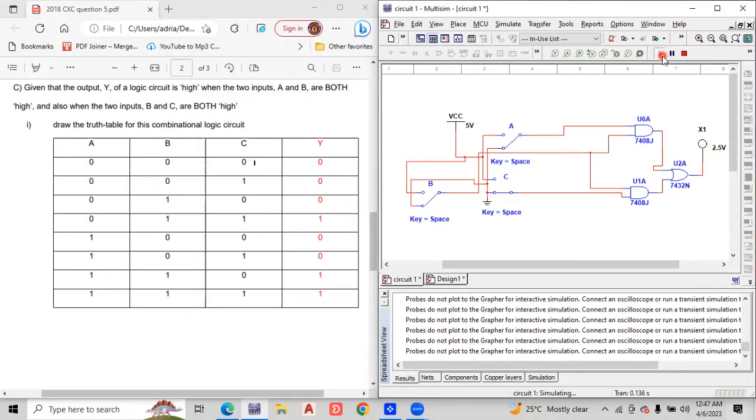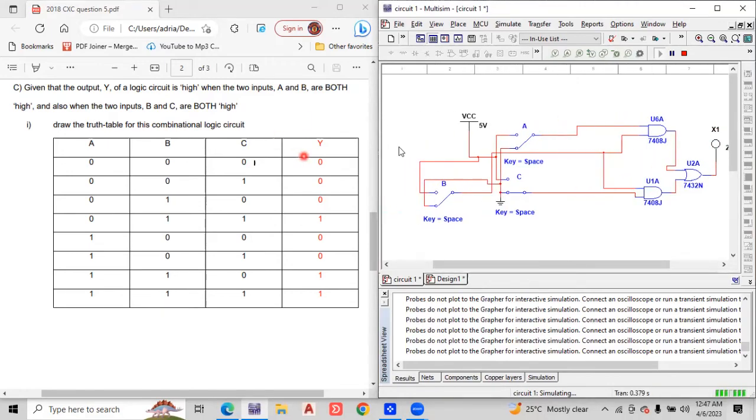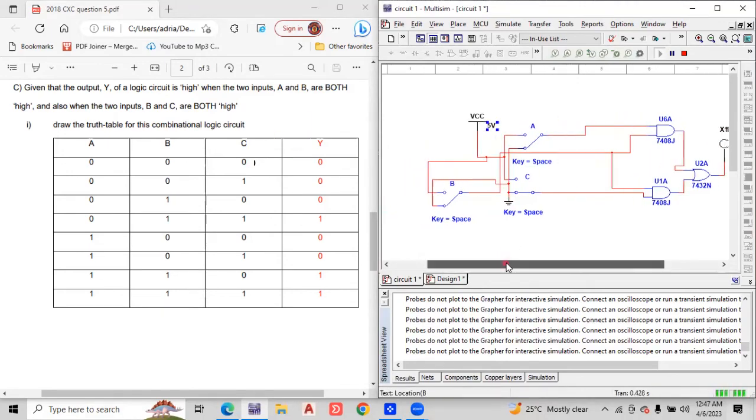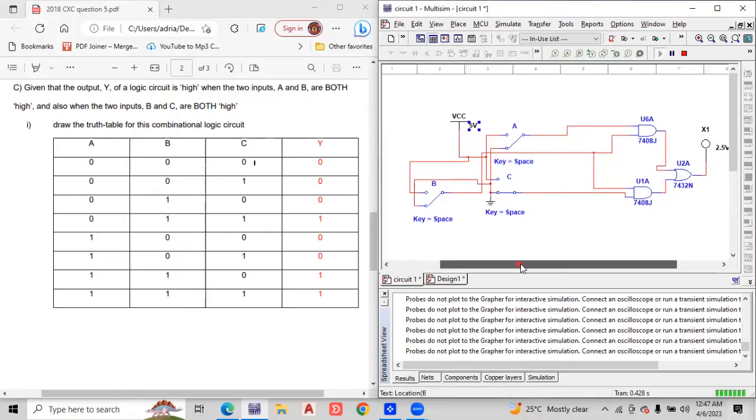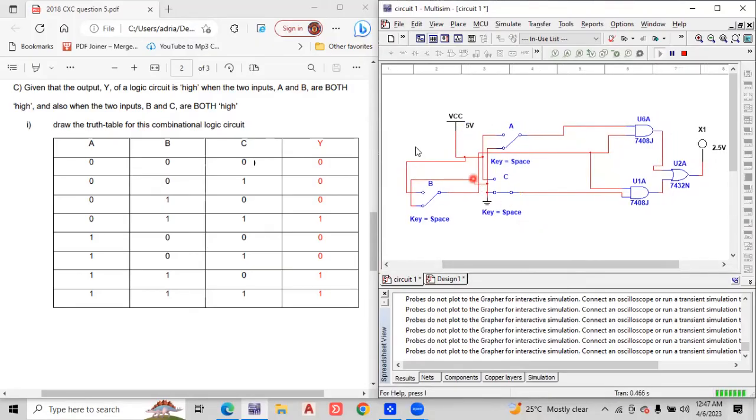So now with all three inputs at 0, you realize that the indicator here is off. So it means that the first output is correct. All right, so remember what we're doing is to verify that this circuit matches what we have here in the truth table.